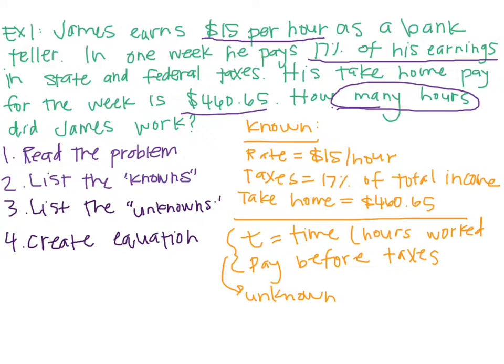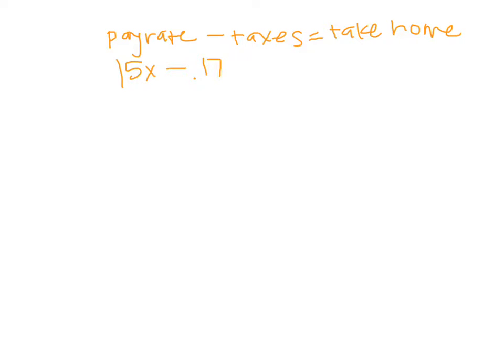Well, I represented the earnings by multiplying $15 an hour times how many hours. So I have my 17% tax rate. I need to multiply that by my earnings, which is the same thing as 15x. $15 per hour, 17% of taxes taken from $15 per hour.